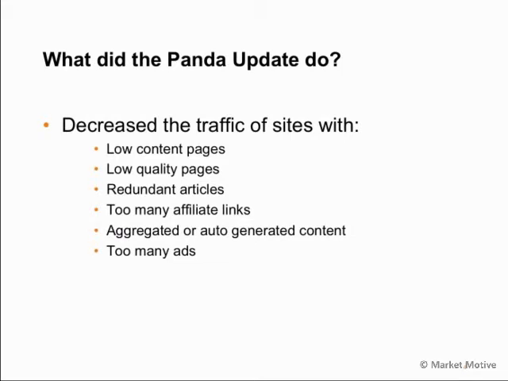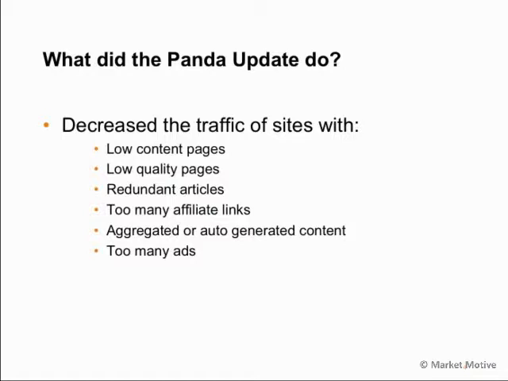So what the Panda update actually did was decrease the traffic to the sites that had low content pages, or just a little bit of content that had a lot of ads, and their ad to content ratio was too high. It penalized sites or reduced the traffic of sites that aggregated or had too much auto-generated content.